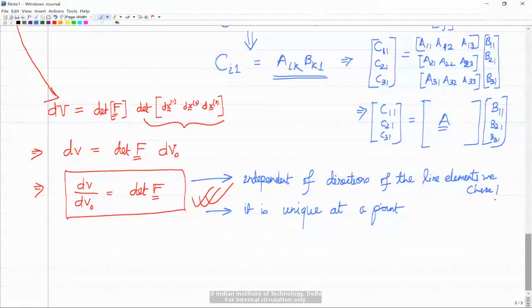We started with a parallelepiped. What if we had taken some other arbitrary shape of the volume? It turns out that it is independent of the shape of the volume also. But the proof is, of course, not so easy. But it is independent of the shape of the volume also.